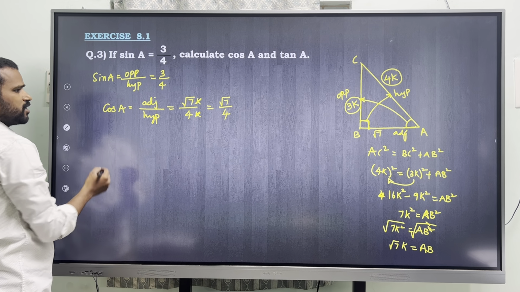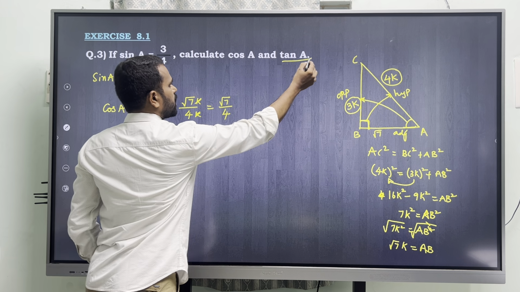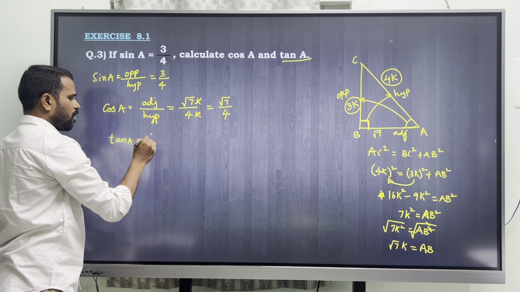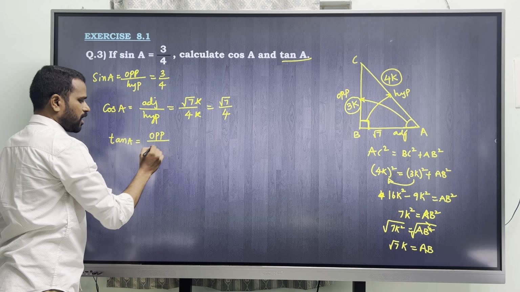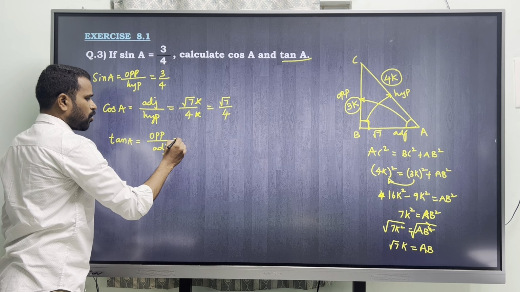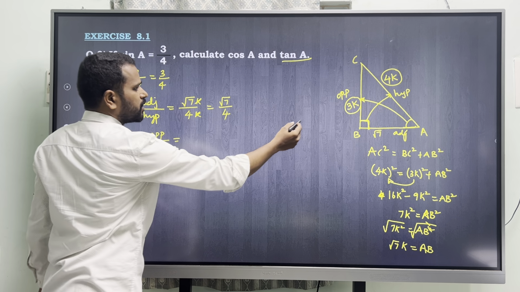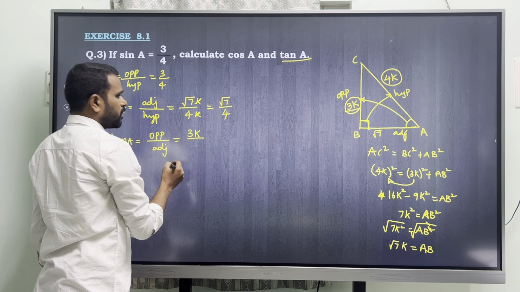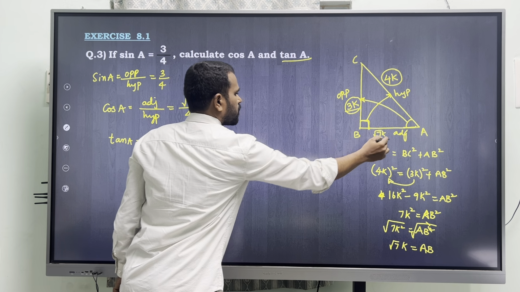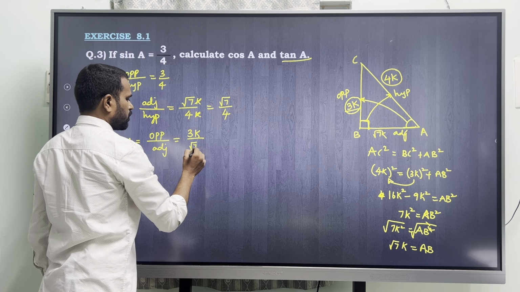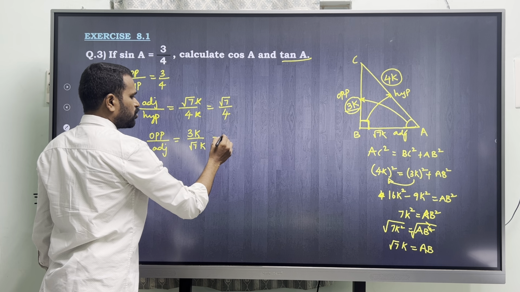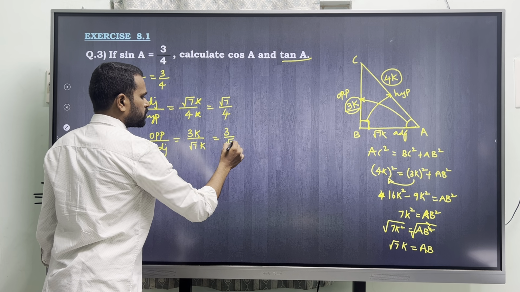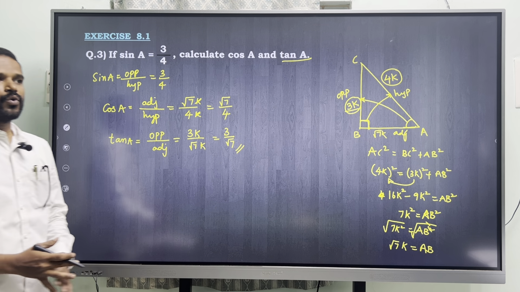Next, tan A is opposite side by adjacent side, which is 3k upon root 7k, so the ratio is 3 upon root 7.